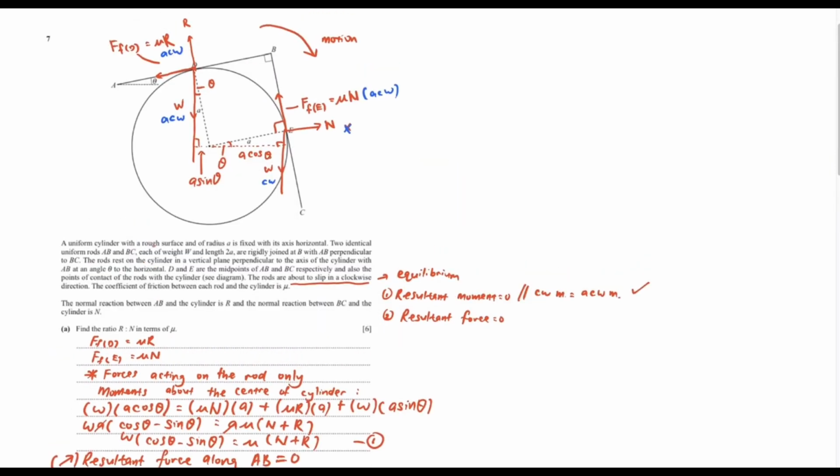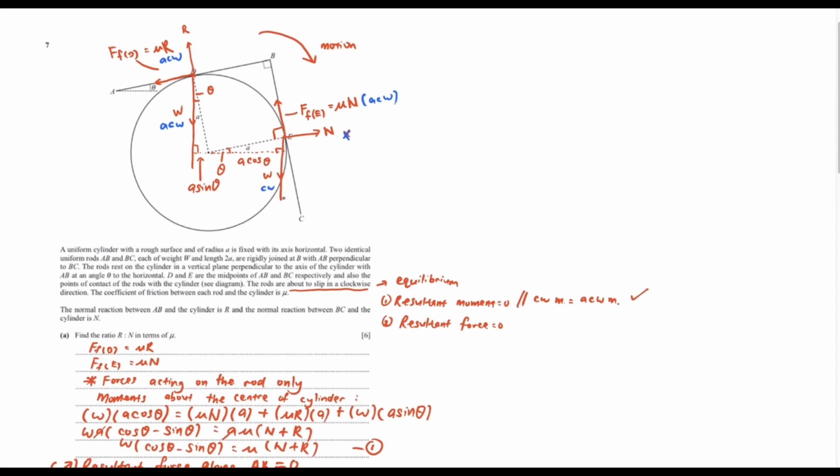Then we need to resolve that. I have to resolve the W so that I have the AB direction, which is going to be like this and like that.